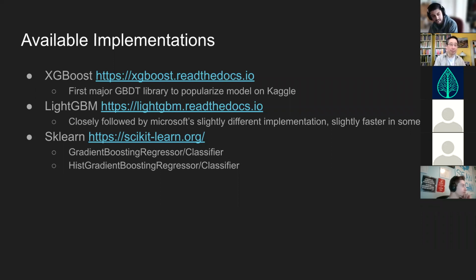One of the things that has been released recently is their HistGradientBoosting regressor, and that one functions more closely to LightGBM, so it's way faster, and it's also able to handle missing values and categoricals. So my recommendation, if you are looking at using scikit-learn models, is to use the HistGradientBoosting regressor or classifier, depending on your problem.